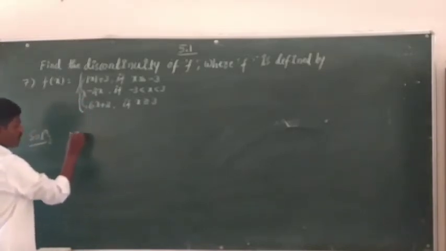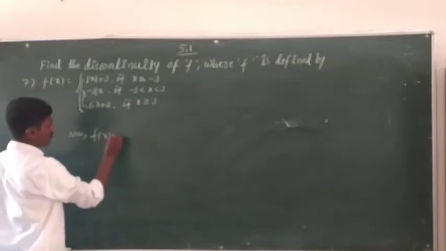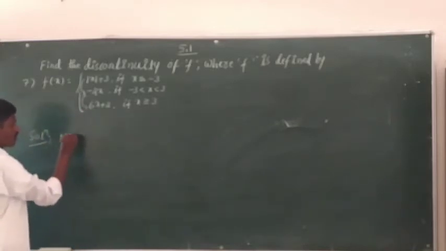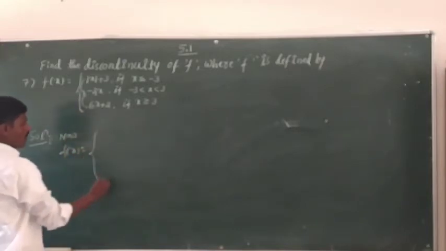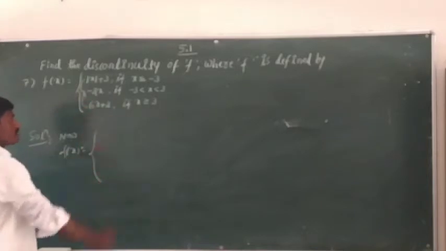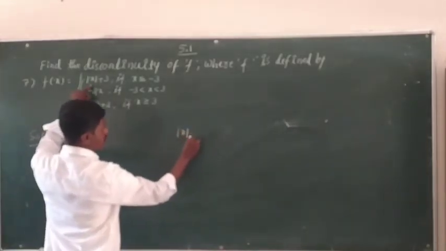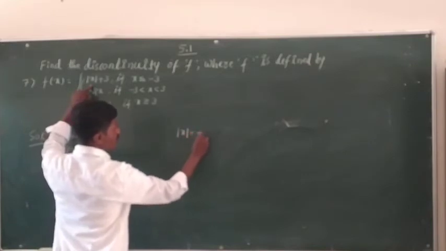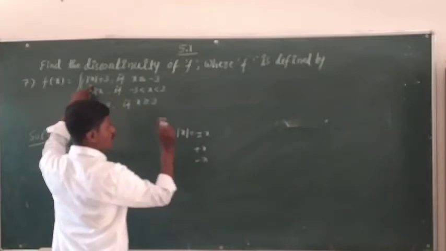Now I can rewrite this function as f of x. Modulus of x is nothing but plus or minus x; it has 2 values.